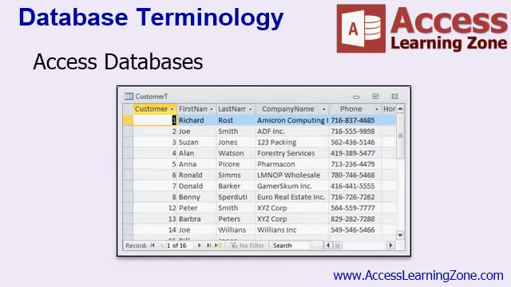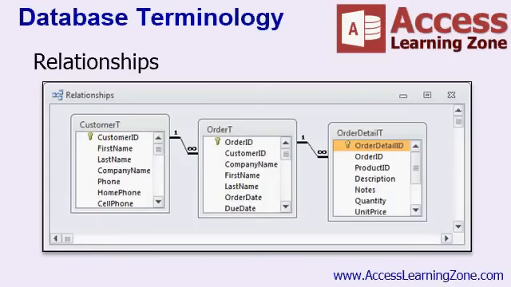So this brings us, finally, to the modern database. In my opinion, Microsoft Access is the best desktop database application available. An Access database can store large amounts of data, much more than an Excel spreadsheet or a simple text document. An Access database can recognize relationships between your data.